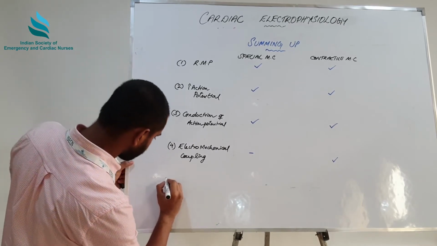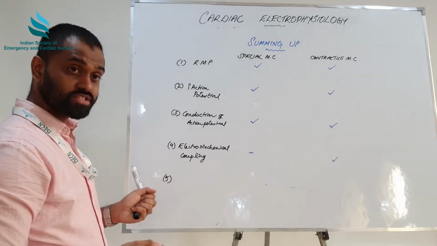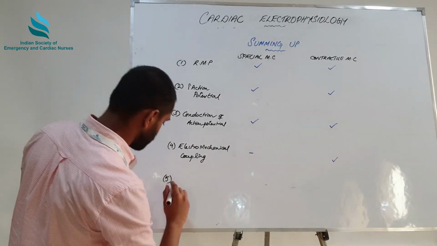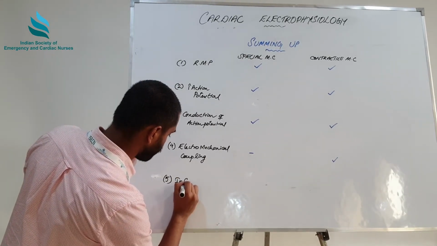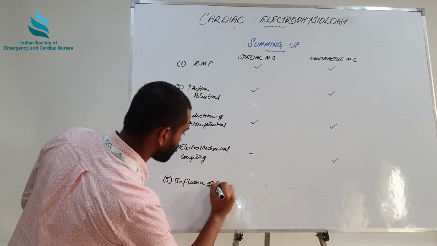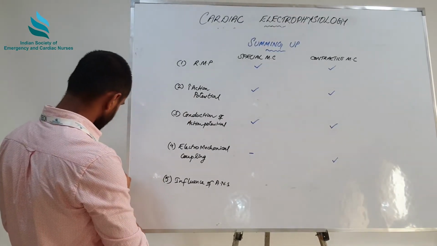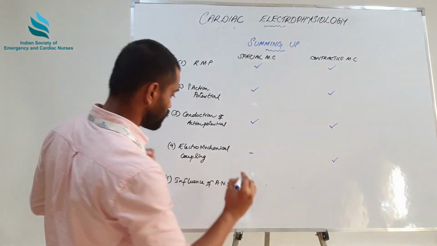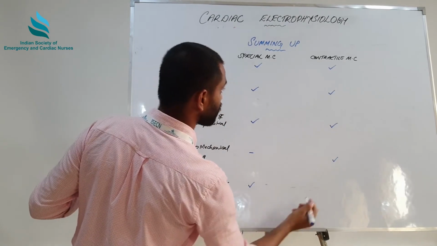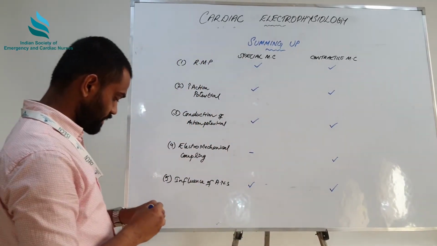And last we have discussed the influence of autonomic nervous system in both specialized myocardial cell and in contractile myocardial cell.